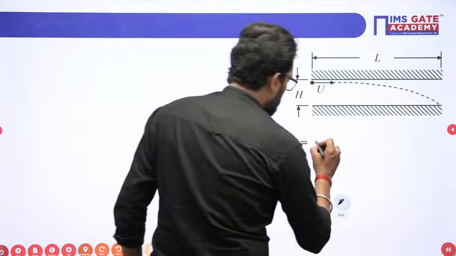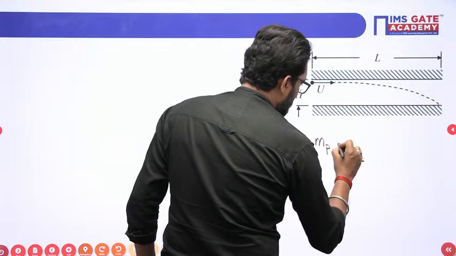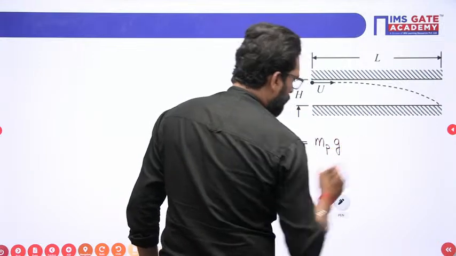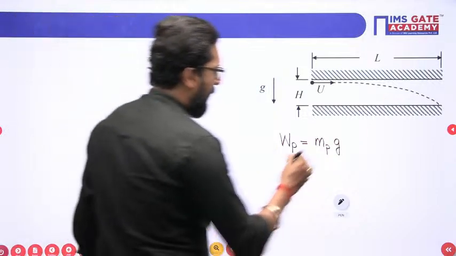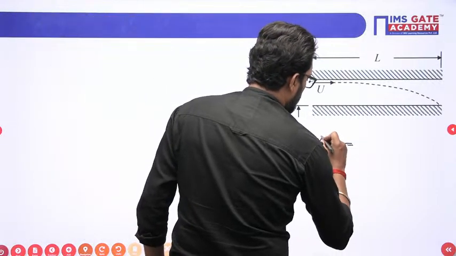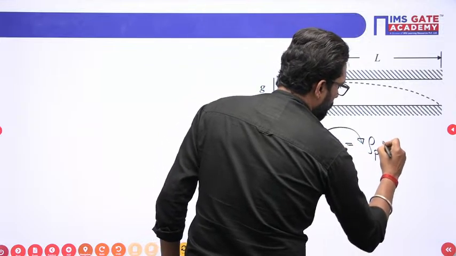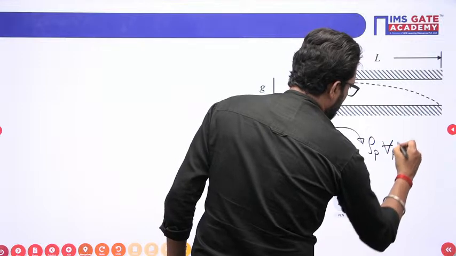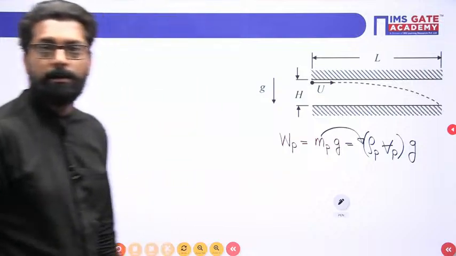So the mass of the particle times g is the weight. And what is the mass? Density of the particle times volume of the particle, into g. Yes or not?